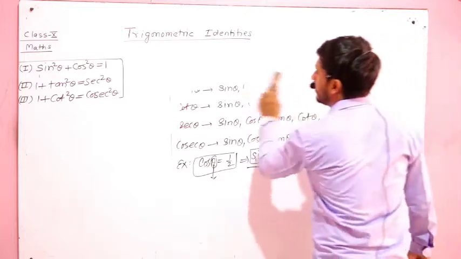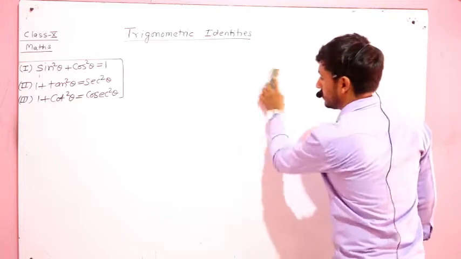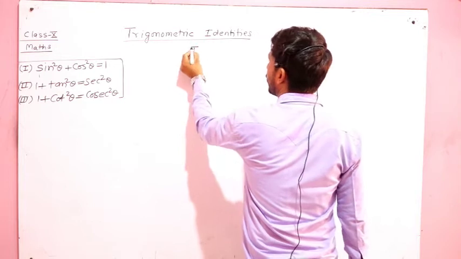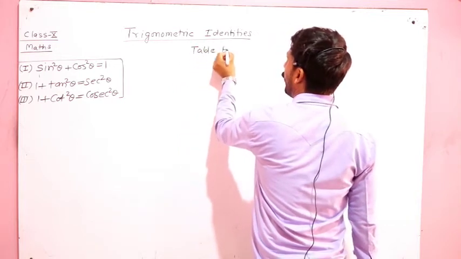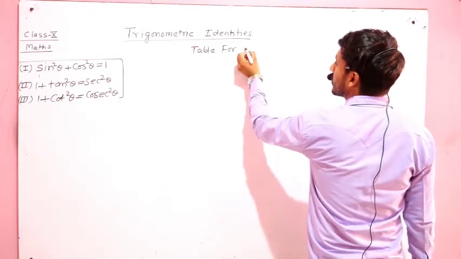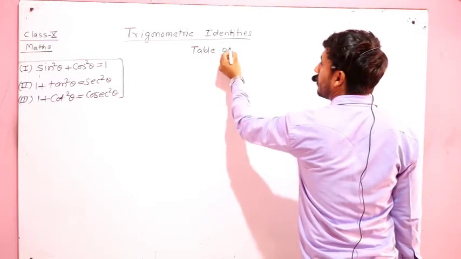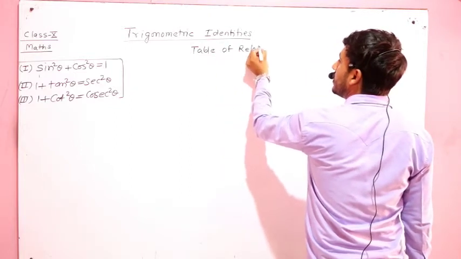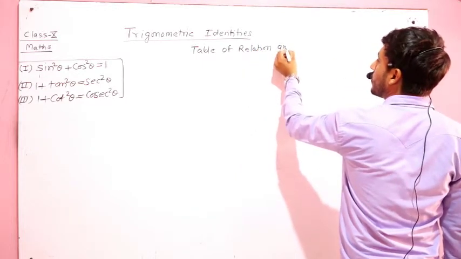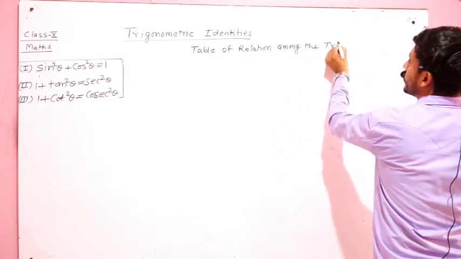How can we find it? The table of relations among the trigonometric ratios.